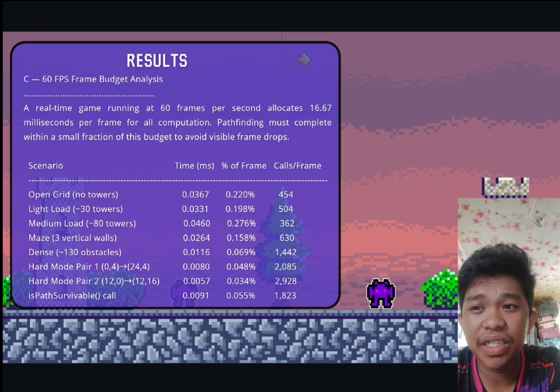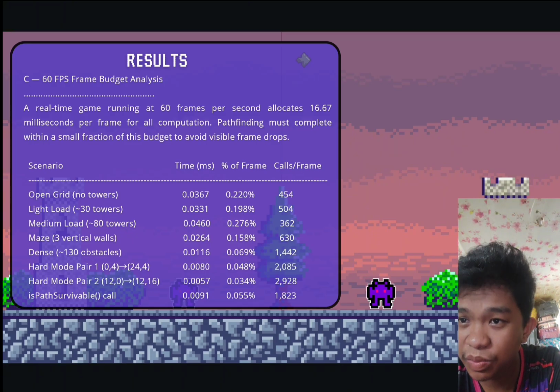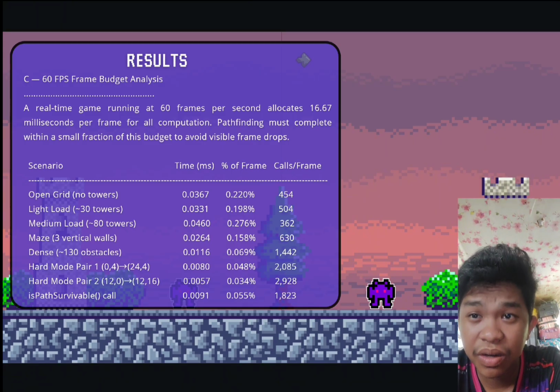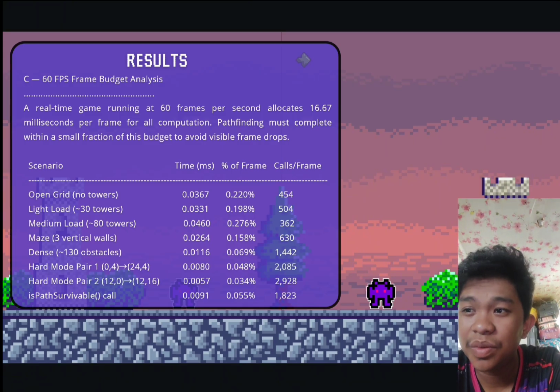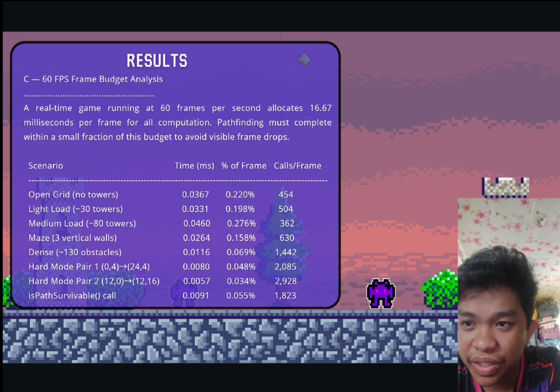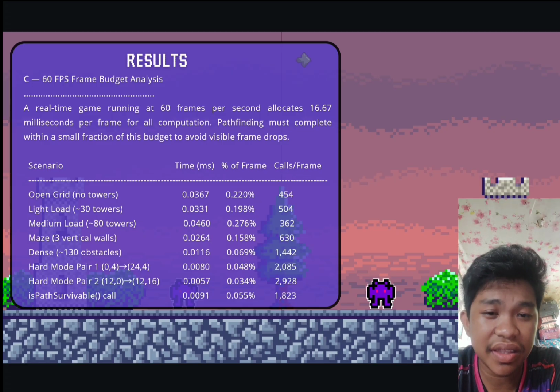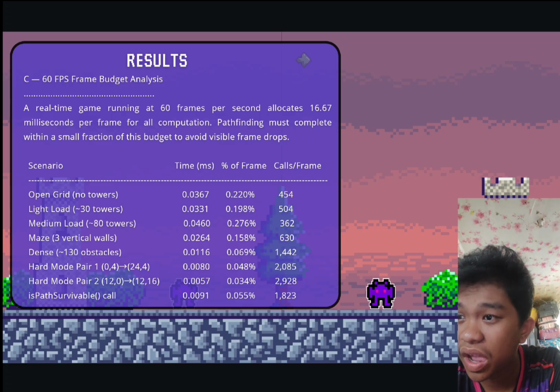Light load, 30 towers, with a 0.0331 ms time, 0.198% of frame, and 504 calls per frame. Medium load, 80 towers, with a 0.0460 ms time, 0.276% of frame, and 362 calls per frame.